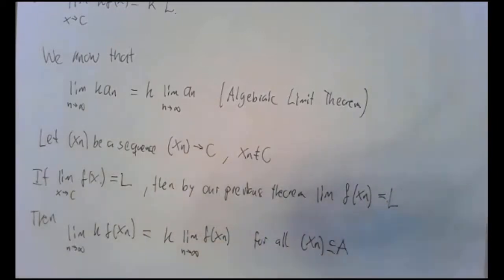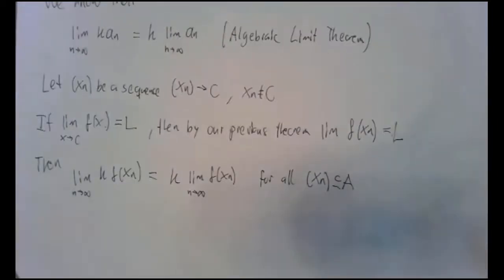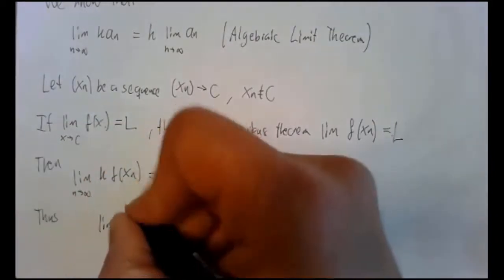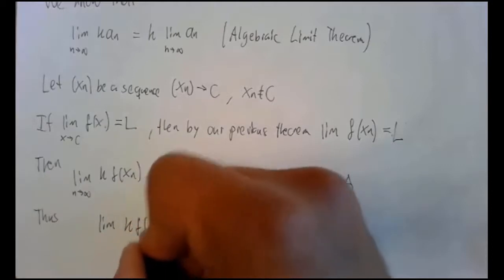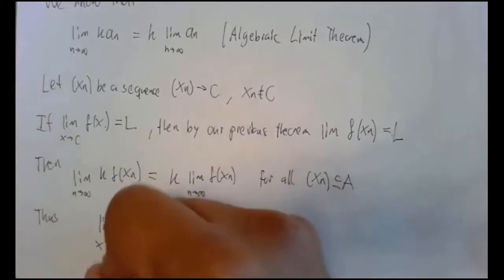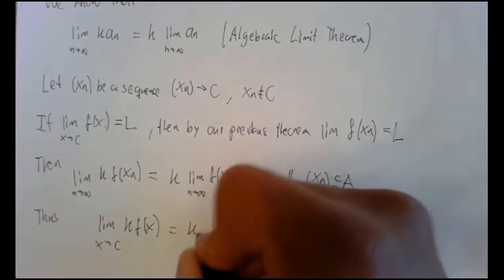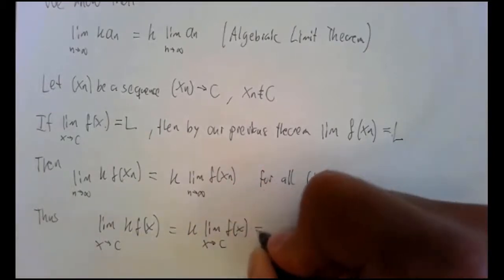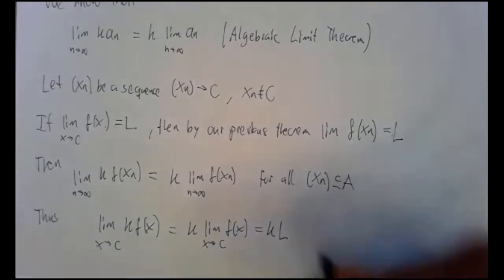And because this is true for all sequences, then again, by our previous theorem, the equivalency of sequences and regular limits, we know that it's true in general, and this is k times L.